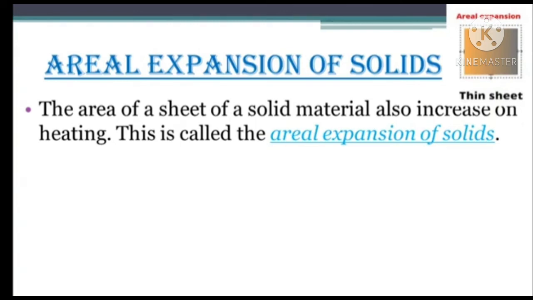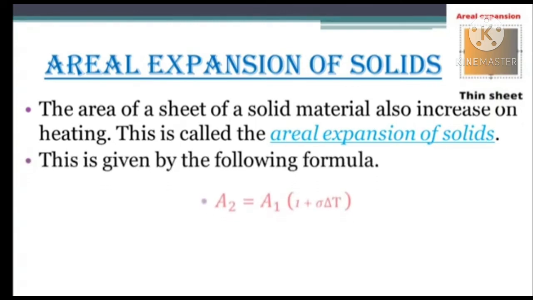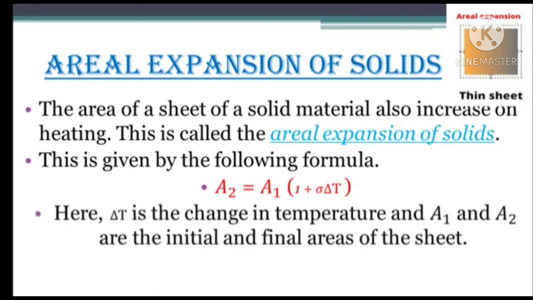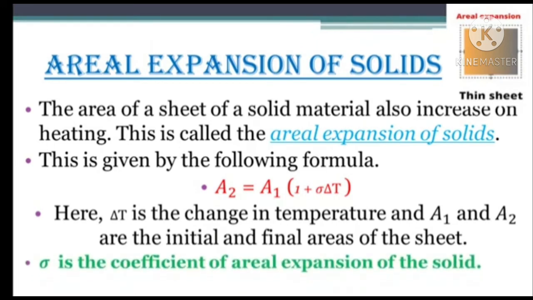This is given by the following formula: A2 equals A1 multiplied by bracket 1 plus sigma delta T. Here delta T is the change in temperature, A1 is the initial area of the sheet and A2 is the final area of the sheet, and sigma is the coefficient of areal expansion of the solid.